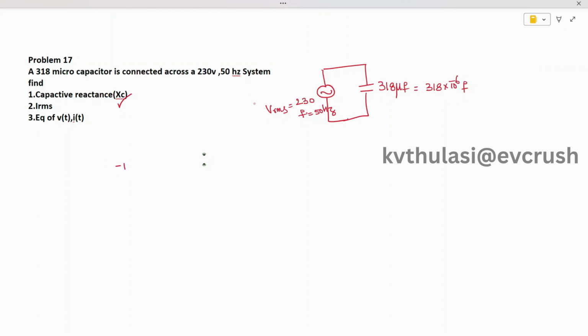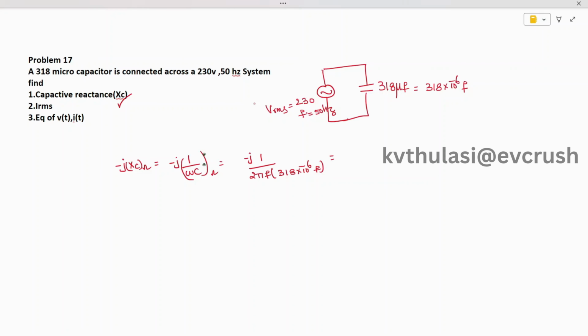The formula for capacitive reactance is minus jXC ohms, which can be written as 1 by omega C ohms. This can be written as minus j times 1 by omega, where omega is 2 pi f, into C, which is 318 into 10 to the power minus 6 farad.